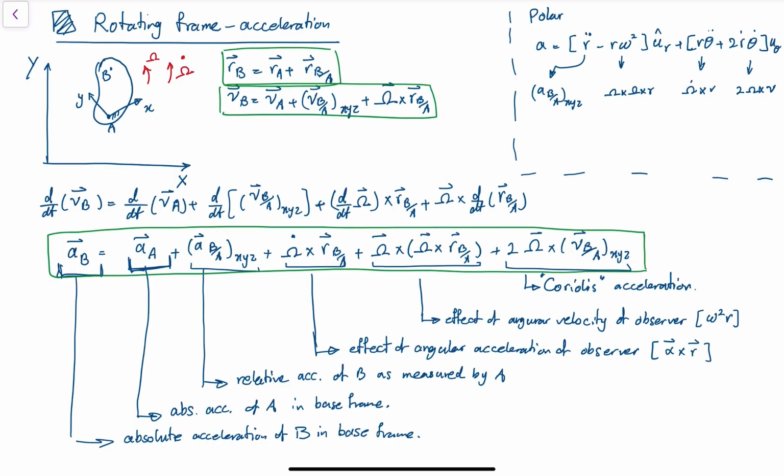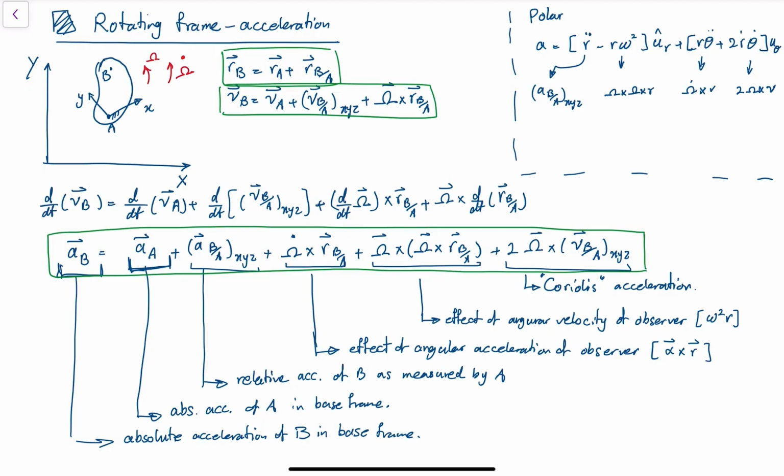For instance, I don't have a space to write anything down. But you can reduce this, for instance, to translational frame equation that we had before, noting that in that case, you will not have any relative velocity.